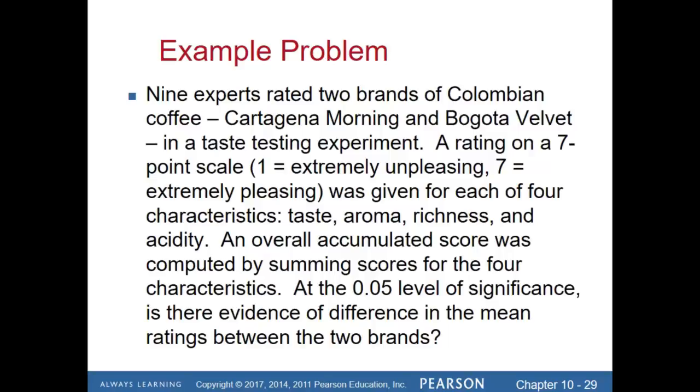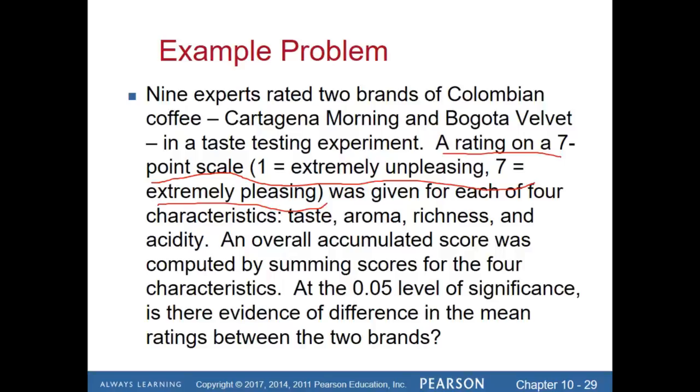All right. So a couple things to talk about here. First, this is not necessarily related to hypothesis testing, but you'll probably recognize this type of scale, a 7-point scale, where what we really have here are ordinal values that we're assigning numbers to.